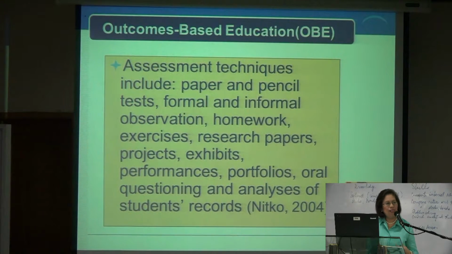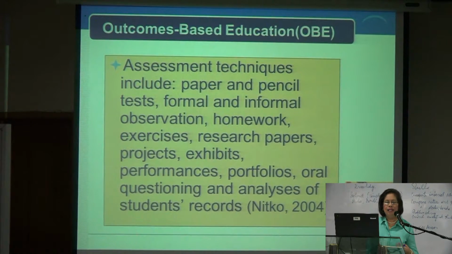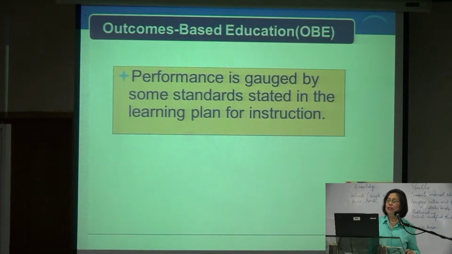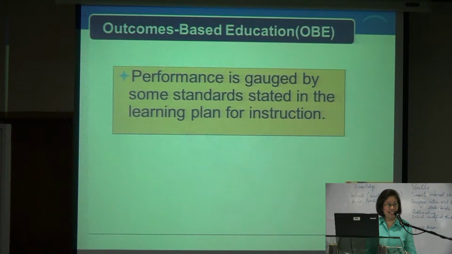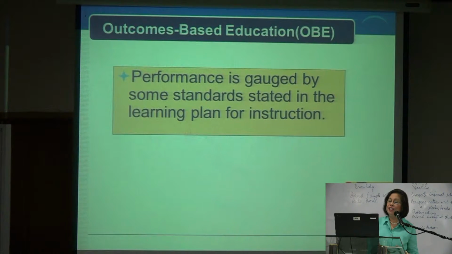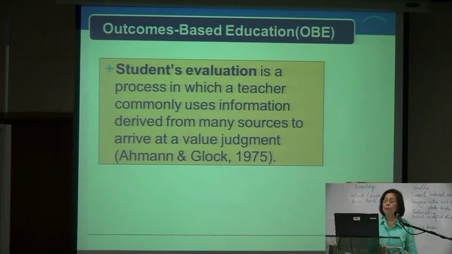And that assessments consist of the paper and pencil assessment and alternative assessment and authentic assessment. Now, it's important that we identify the standards, and that is why we have the learning outcomes and the competencies. And we identify that in the learning plan for instruction.